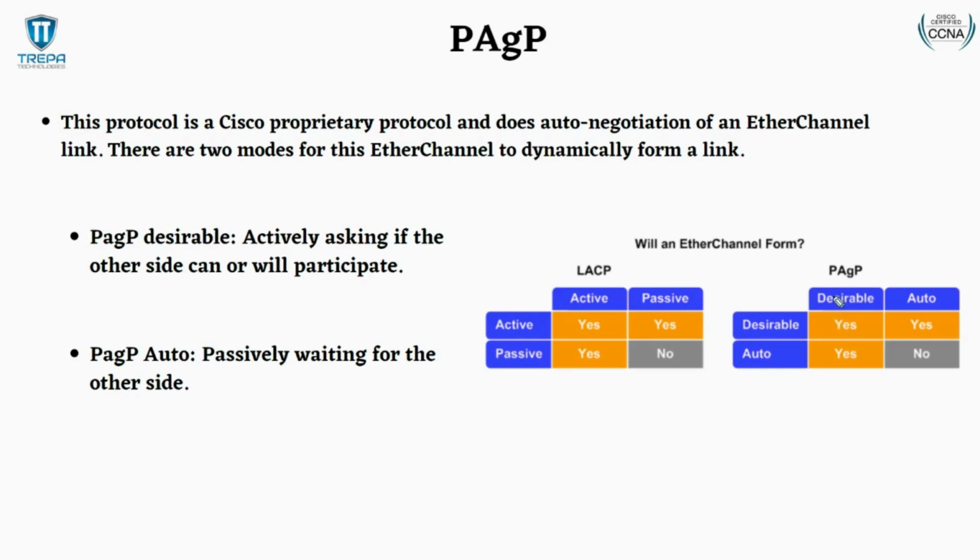So you can see here, if both sides are desirable on PAgP, they will form. If one side's desirable, one side's auto, they'll form. But if both sides are auto, they will not form, because PAgP auto mode is going to passively wait for the other side to send that negotiation. And these modes do not mix either. If both sides are auto, they're never going to talk to each other. They're never going to form that Etherchannel because negotiation messages will never be sent across.